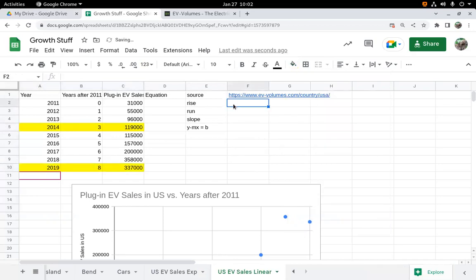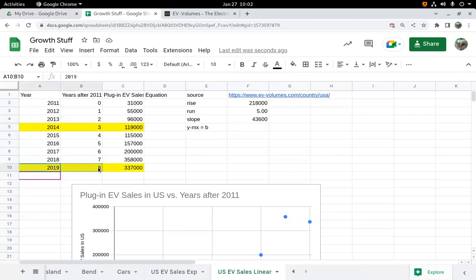To find the rise, I just subtract the y values, so this minus that. To get the run, you can use a regular calculator too. I'm going to take this number minus that number. And then the slope is just the rise divided by the run. To get the b, I just need to pick a y value and do the minus mx.